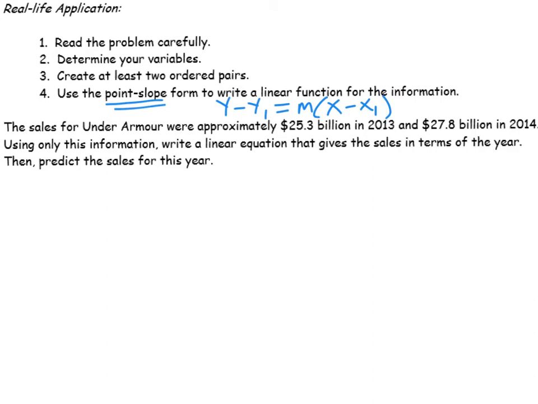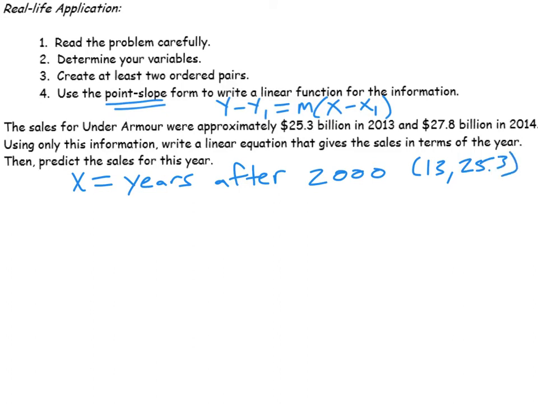All right, first things first with my variables. x is going to be time, and the way it's written here, I'm going to say years after 2000, right? What this does is it gives me two ordered pairs here. The first one, I can say x is just 13, and then y is going to be sales in billions of dollars, right?